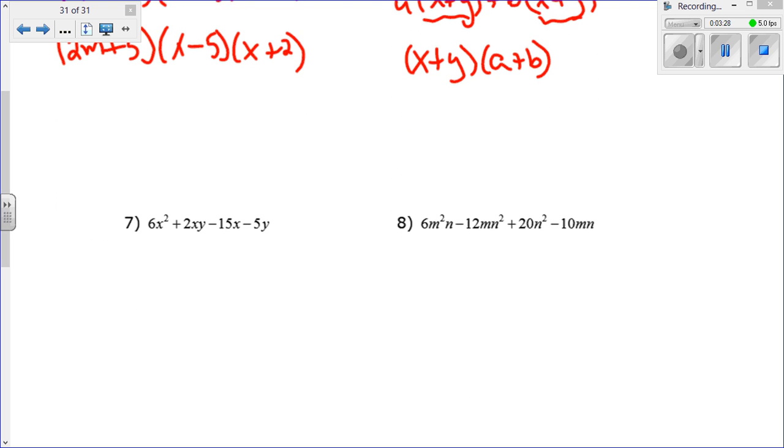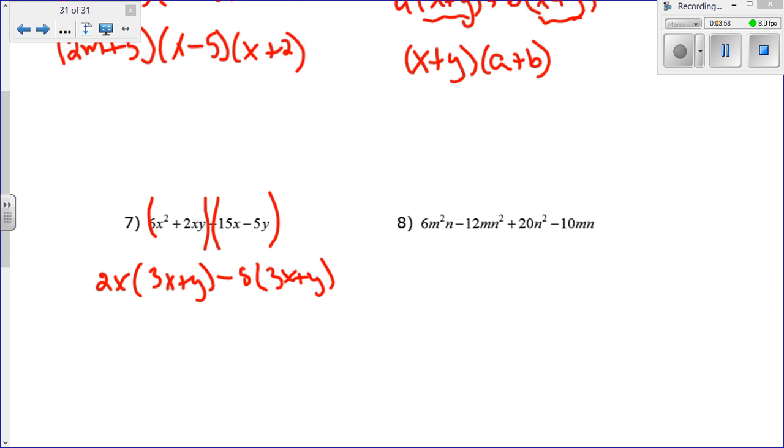For number 7, again, group them first. In my first set of parentheses, my GCF is 2x, and I'm left with 3x plus y. In my second set, my GCF is minus 5, so I'm left with 3x plus y.